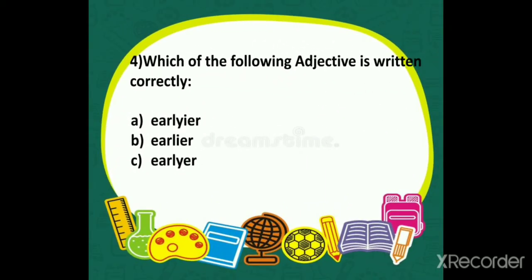Which of the following adjectives is written correctly? Earlyier, earlier, or earlyer? Yes, the correct answer is B. That is earlier.